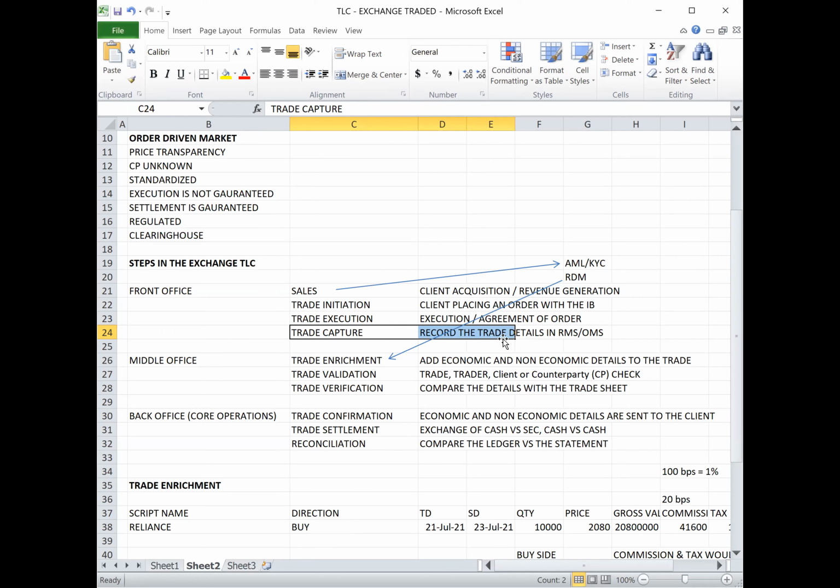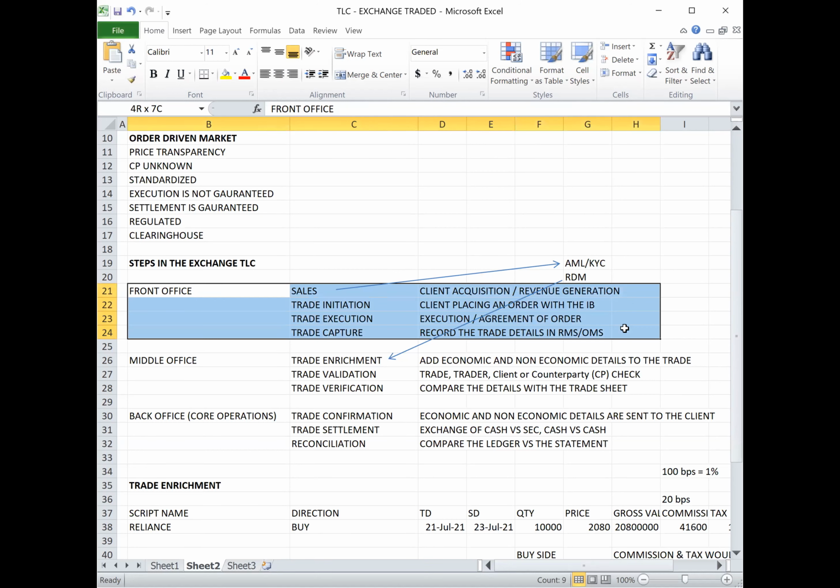Lot size. Trade details, yeah. How many shares are bought, at what price they are bought, what was the company name. In case of other contracts, it could be lot size, what is the option premium, these kind of things, right? So that will be the trade details. Are we clear till this point what front office does?